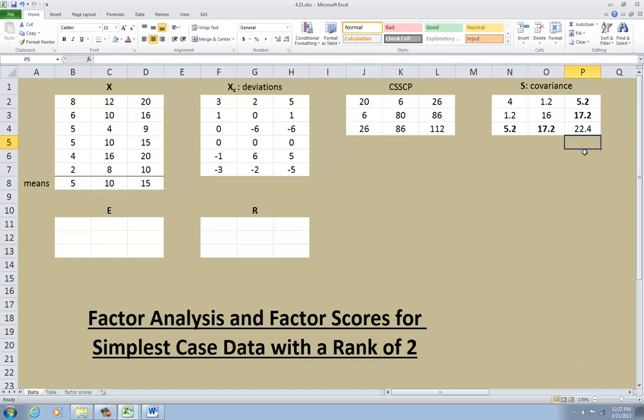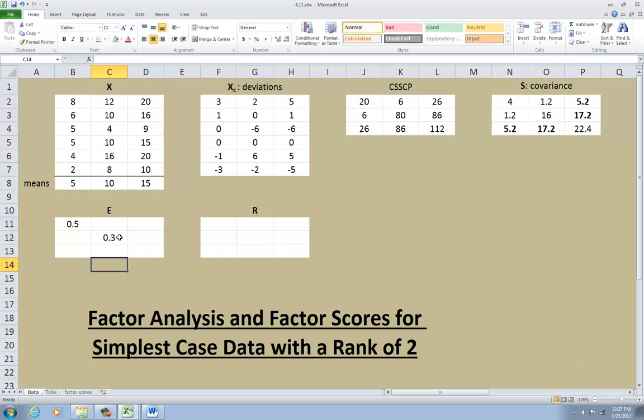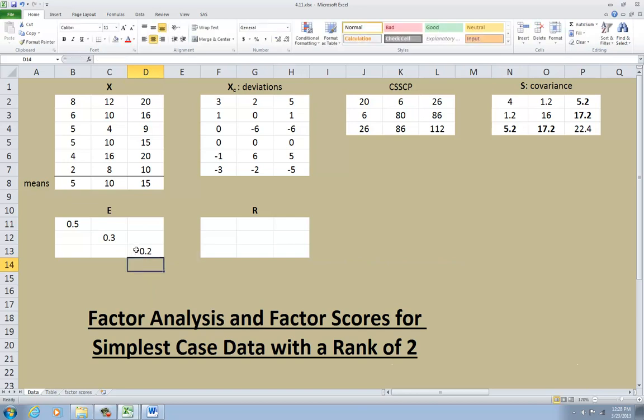Now the correlation matrix is also going to differ by the 2 values in the same locations, and I'll show you that down here. So we're going to have this equal 1 divided by the square root of 4, which is our variance up there in the covariance matrix, 1 divided by the square root of the next one, which is 16, and then 1 divided by the square root of 22.4, with zeros on the off-diagonals.